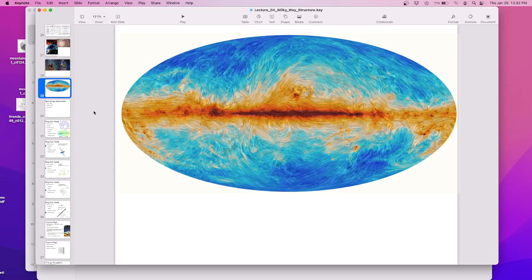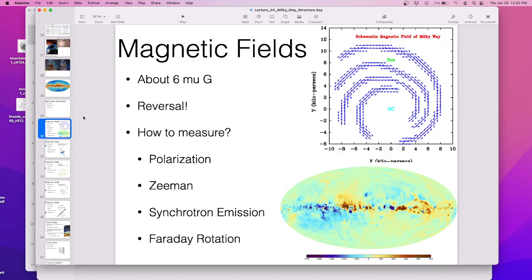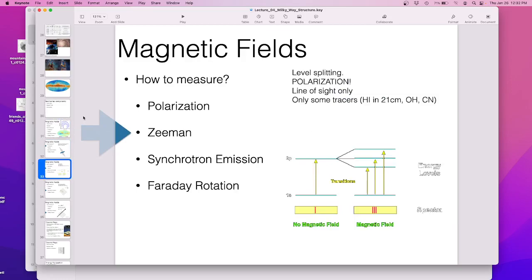I don't really need to talk about how you measure magnetic fields, but I think all y'all would find it interesting, so I will go through that. Also, I like it. I think it's really cool because it's really tricky to measure.